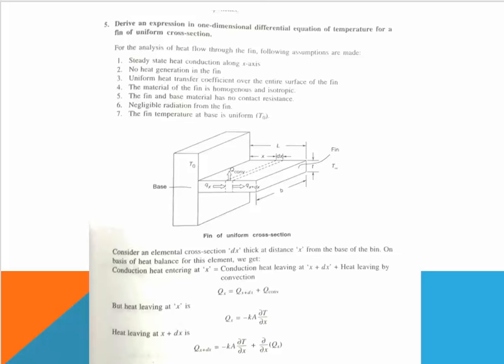And minus KA ∂T by ∂x plus ∂Qx by ∂x, we will put the value of Qx in this integral part. Then the equation formed will be minus K ∂T by ∂x minus KA ∂²T by ∂x² into dx.